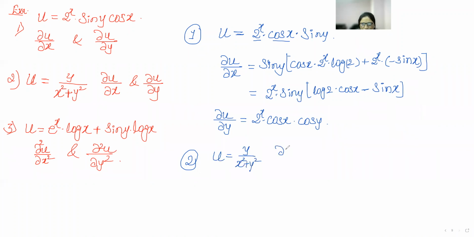So partial derivative of u with respect to x is equal to y constant upon derivative of 1 upon x square plus y square. 1 upon x square plus y square. Minus 2x divided by x square plus y square.